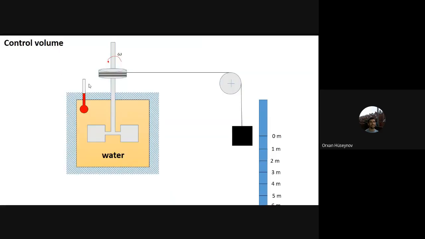What is a control volume? In simple terms, a control volume is an open system. An open system is called a control volume. If it is a closed system, it is called a control mass. From the names, I think we understand what happens.